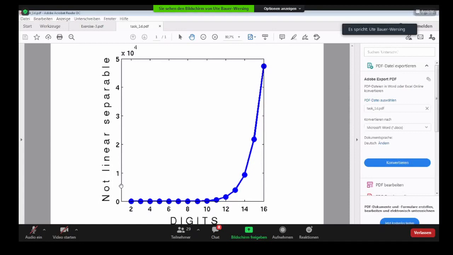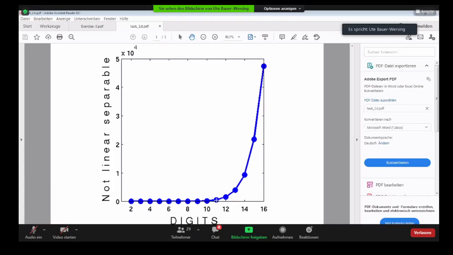And as you can see on the y-axis, these are numbers in the range of 10,000. So this is 50,000, right? We've seen the simulation. We saw that using 10 digits, we have 160 partitions that are nonlinear separable.